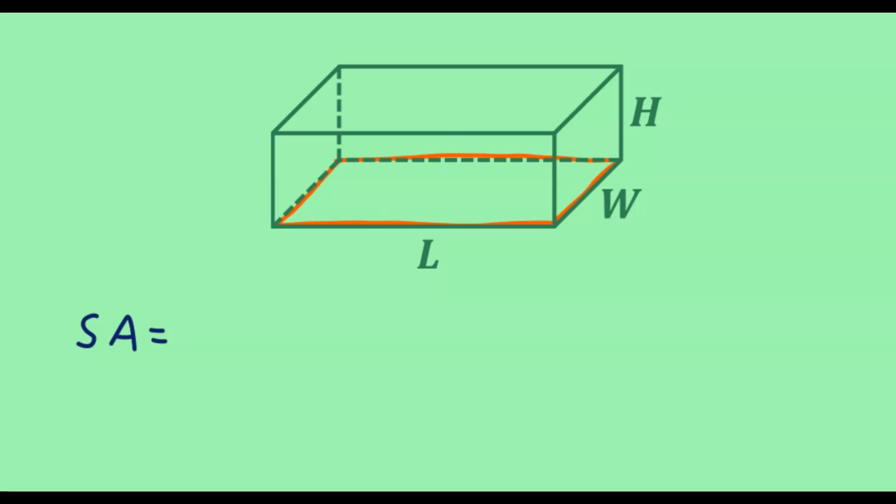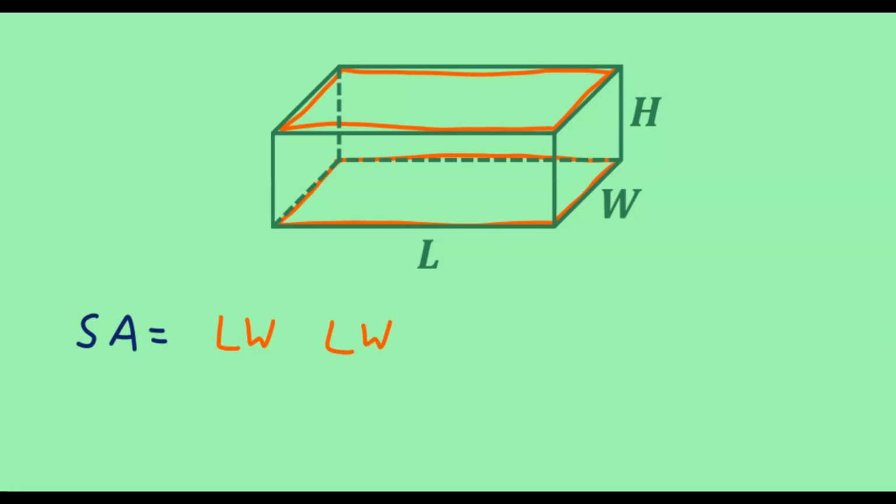The length of this rectangle is L, and the width is W. Since the area of a rectangle is given by the length times the width, the area of that face will simply be equal to L times W. Now consider this top face over here. This face is also a rectangle whose length is L and whose width is W. And so the area of this face is also going to be L times W.